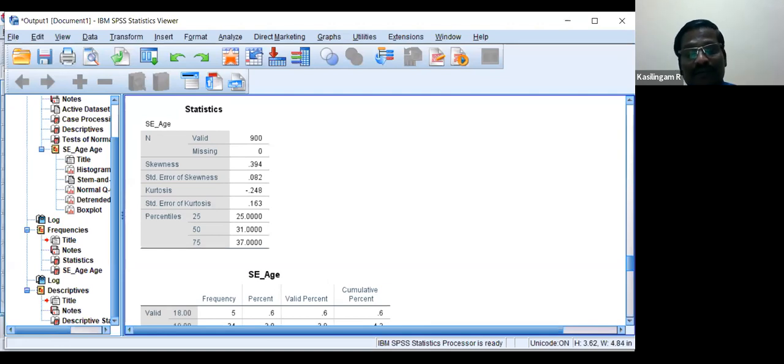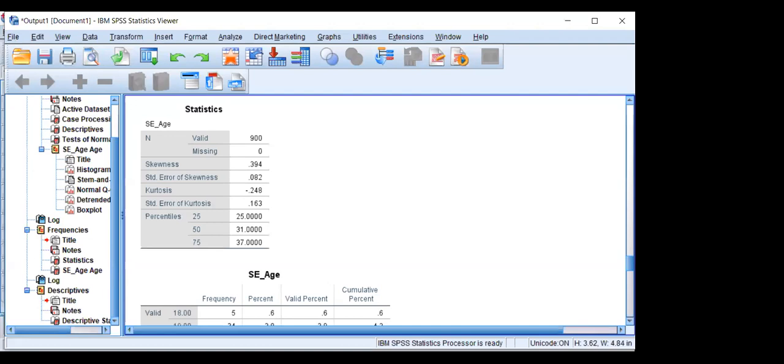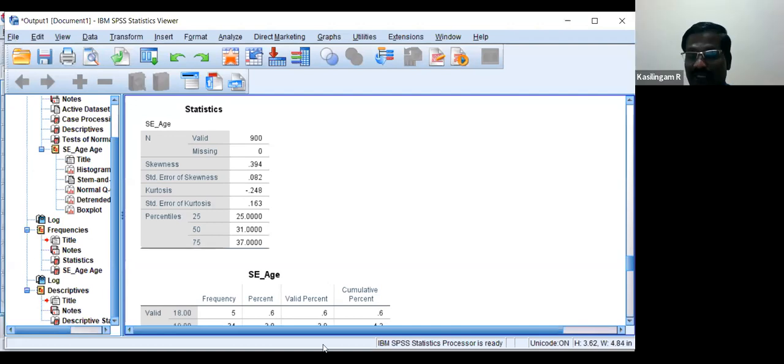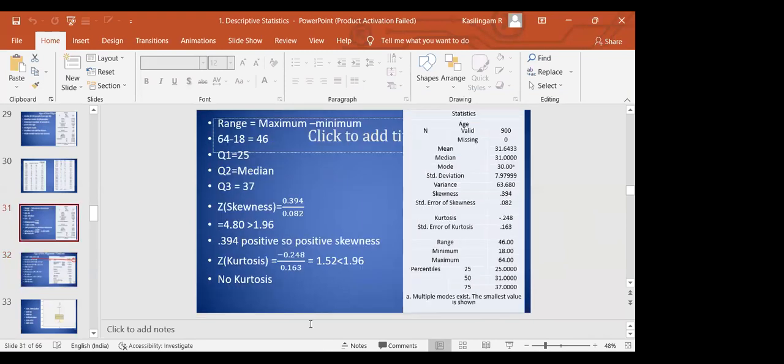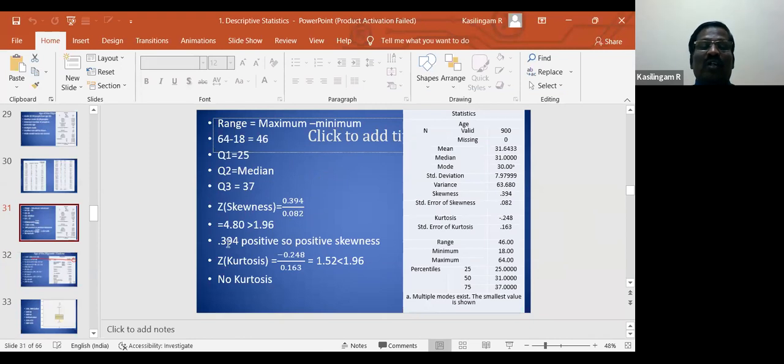Don't forget, madam. You tend to forget, no issue, I'm learning. See here, 0.394 divided by 0.082 is equal to 4.8, which is greater than 1.96. So the null hypothesis is rejected, which means there is a skewness.